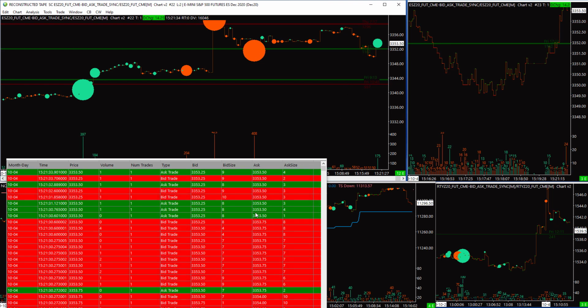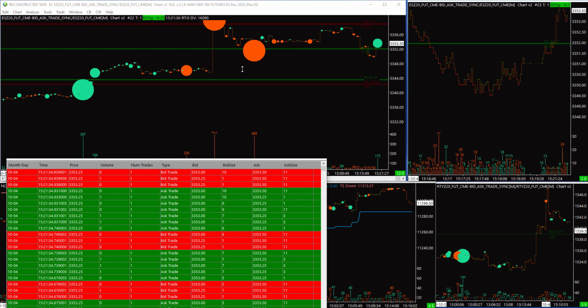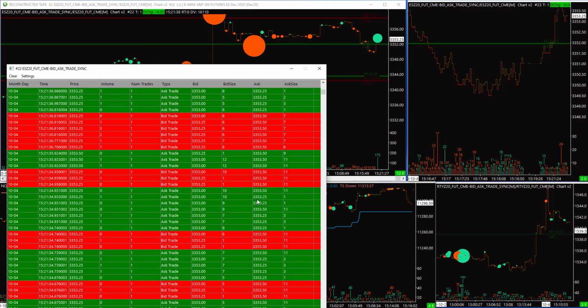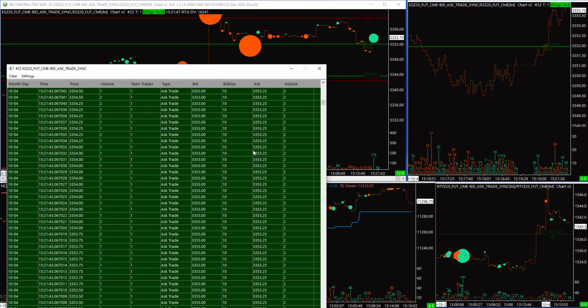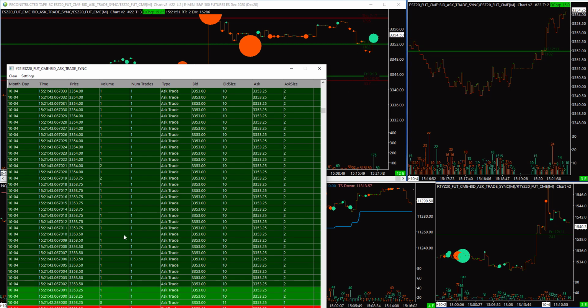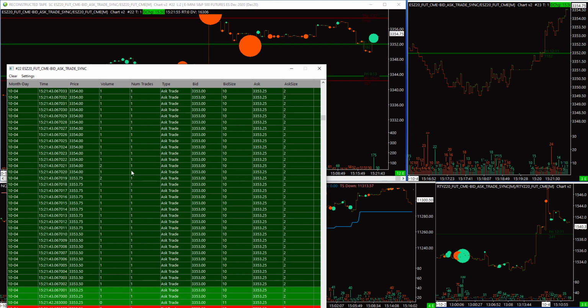Okay, so now we saw a large buy order. God, it's so hard to scroll down and see this stuff. Let's see if we can find it. So it's probably this little area, maybe right here. Okay, so this green bubble is likely all of these single time and sale orders.